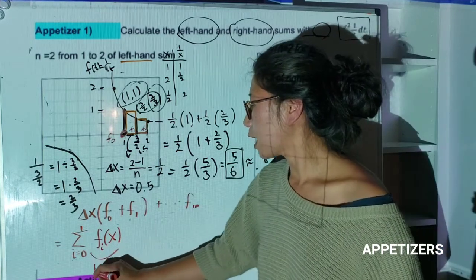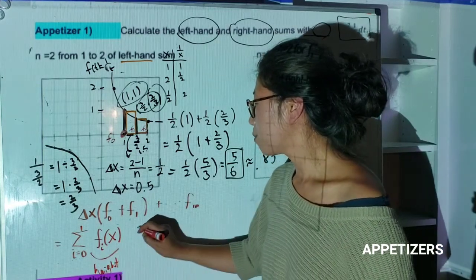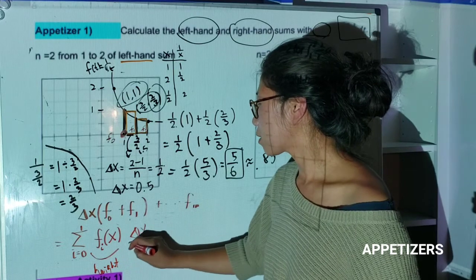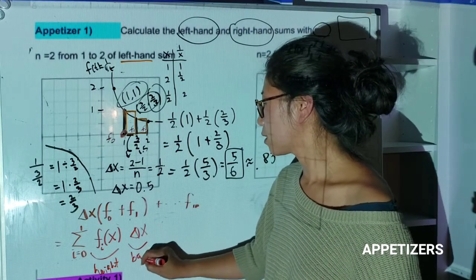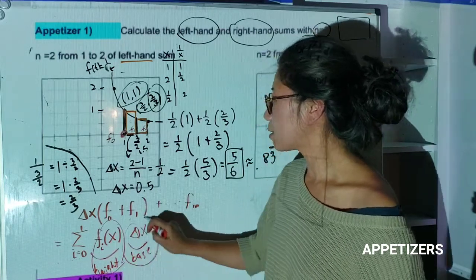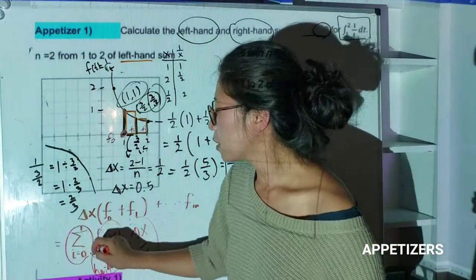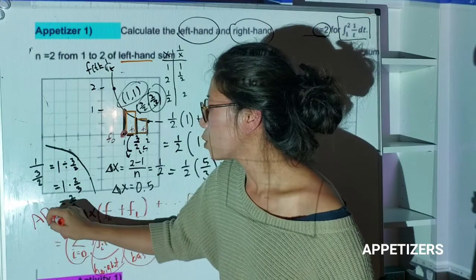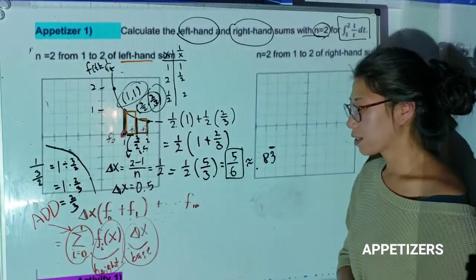So that's going to be your height times base, which is delta x for everything. That's your base. So understand here, everything is a height times base. Then this means add. We just use it as the notation, add.